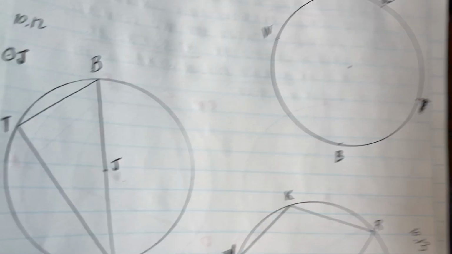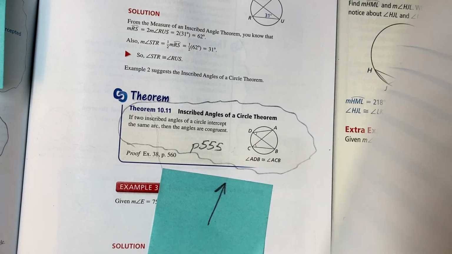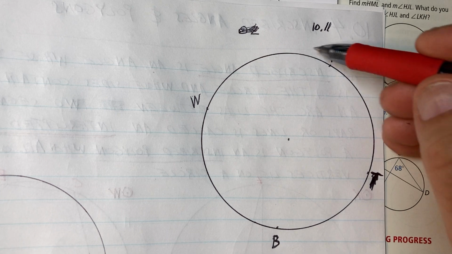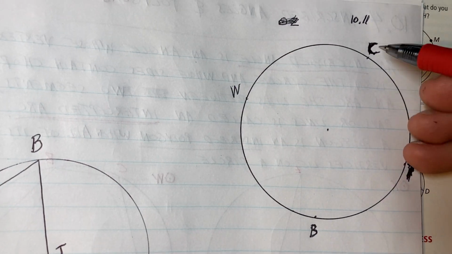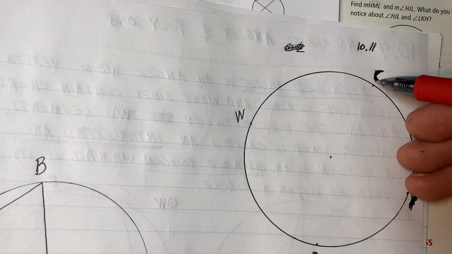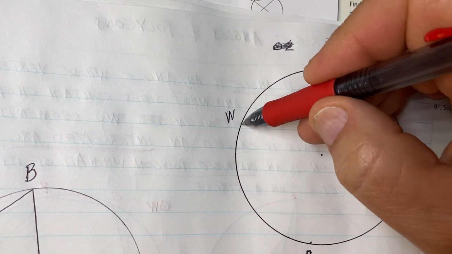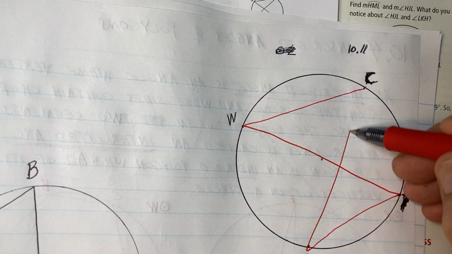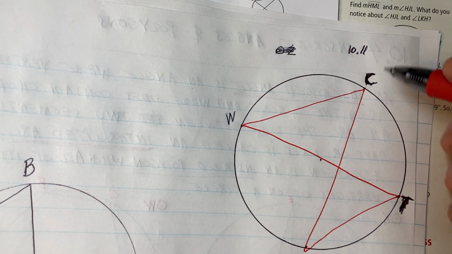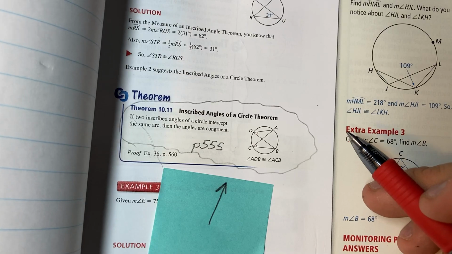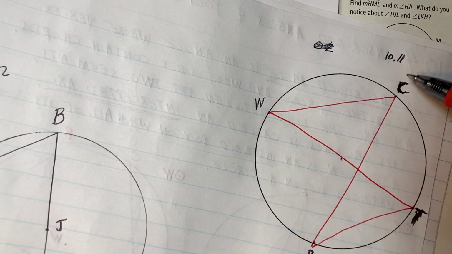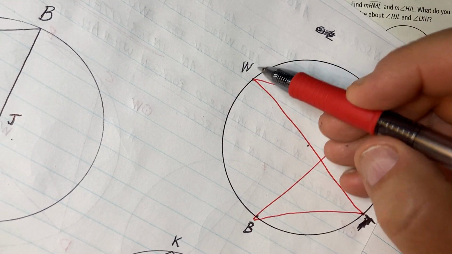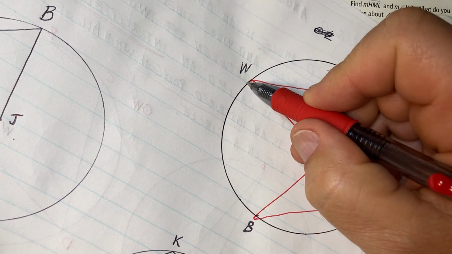What does that mean in practice? Here's a circle. I'm going to pick arc WB.